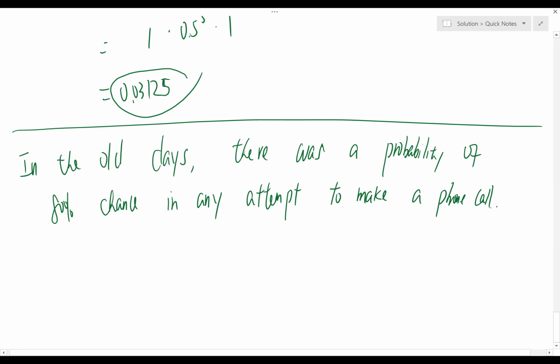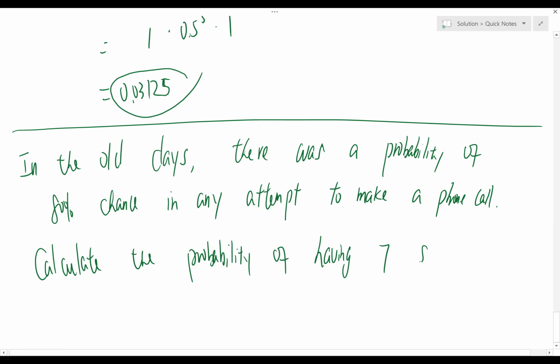Calculate the probability of having 7 successes out of 10 trials, in 10 attempts. I'll give you a couple minutes to think about this, how to solve it.